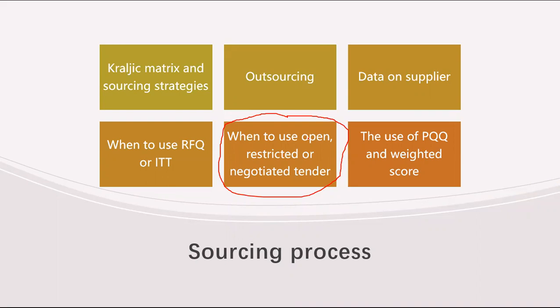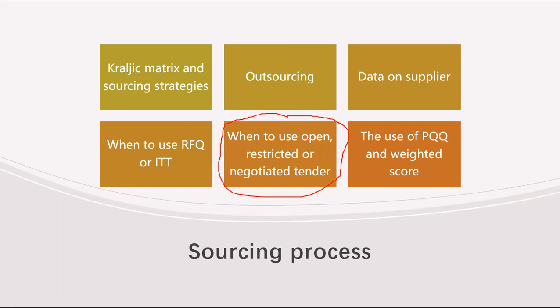And negotiated tender is like a process such as request for proposal. We don't exactly know the requirements for our needs, and we need input from the supplier. In this process, we advertise our needs in a performance specification, and when the supplier replies, they will submit their proposal.